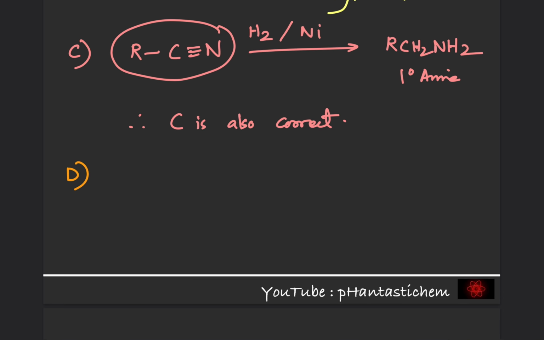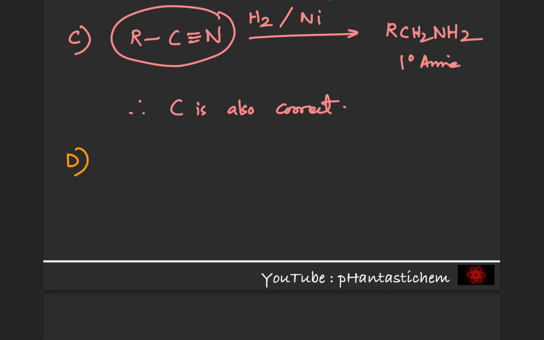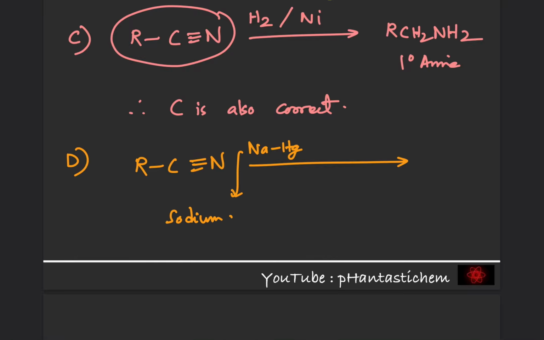Then let's talk about D. So in D, we have sodium amalgam in ethanol. Okay, so whenever we have a nitrile or cyanide, that is RC triple bond N, and we are reacting it with NaHg, which is sodium amalgam, and sodium amalgam is an alloy of sodium and mercury, that is Hg.